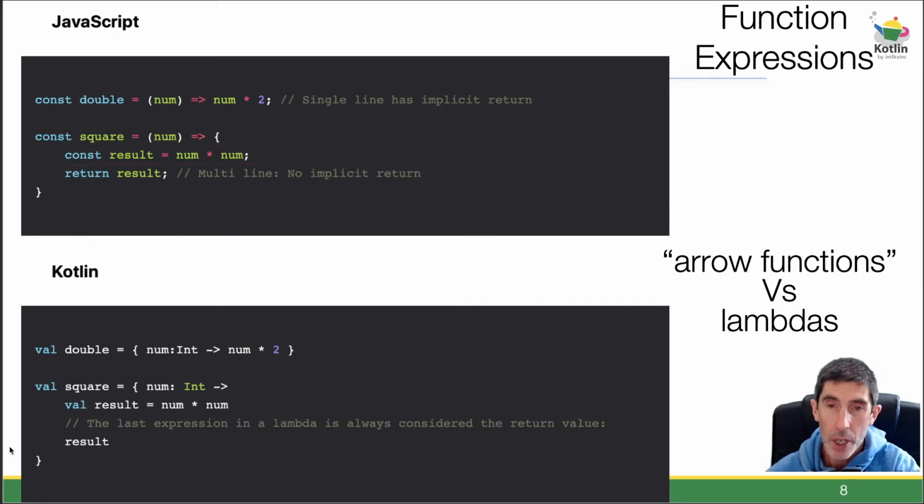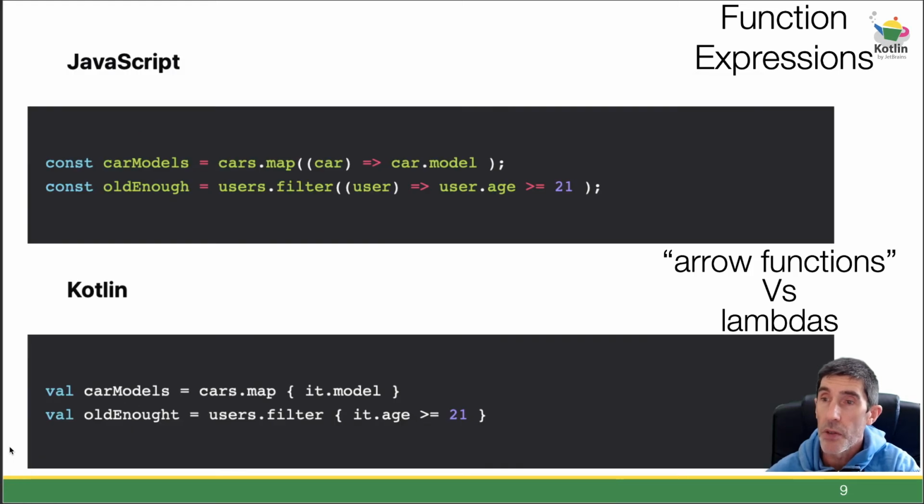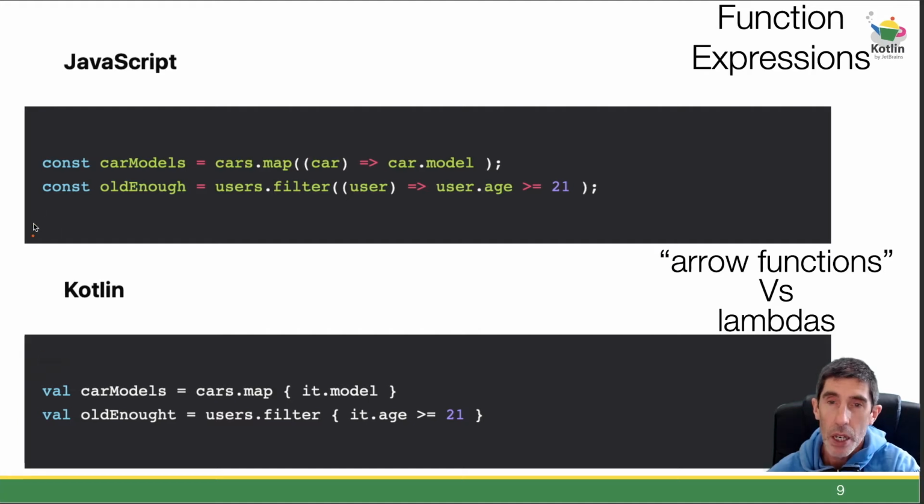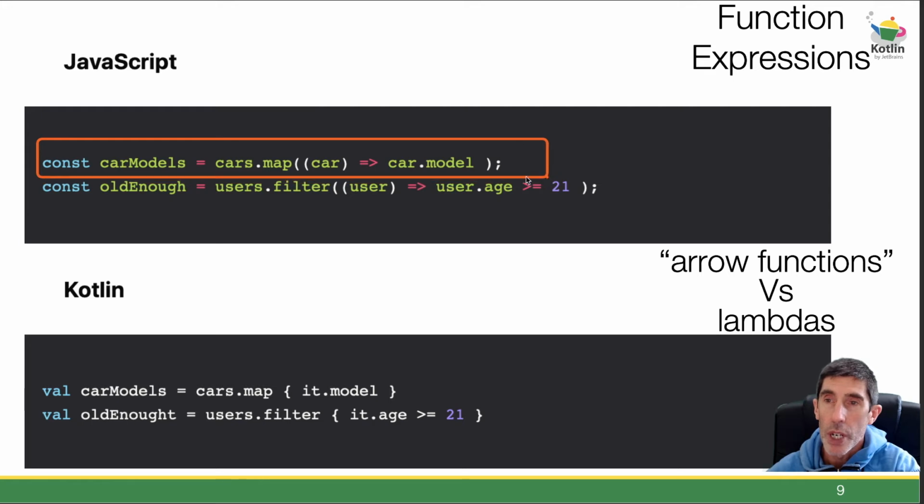In terms of a little bit more about those function expressions, this is where the implicit single parameter, it, comes into play. It's very common that a lambda expression has only one parameter. As a convenience, Kotlin gives special treatment to this situation and automatically declares a single parameter under the name it. To look at two examples here, in our JavaScript world, we would have something like this.